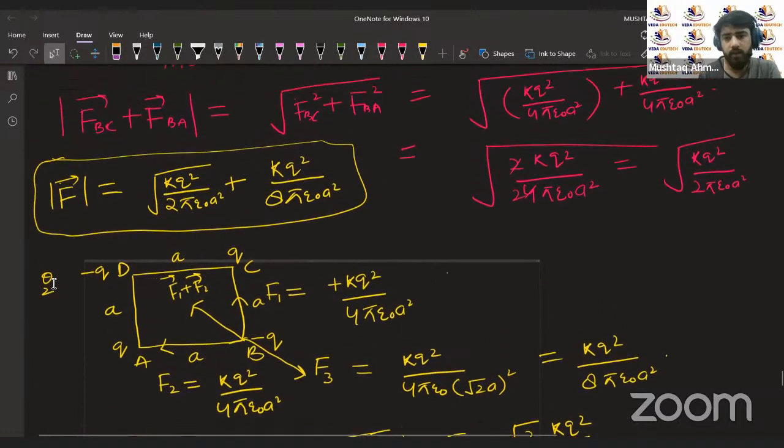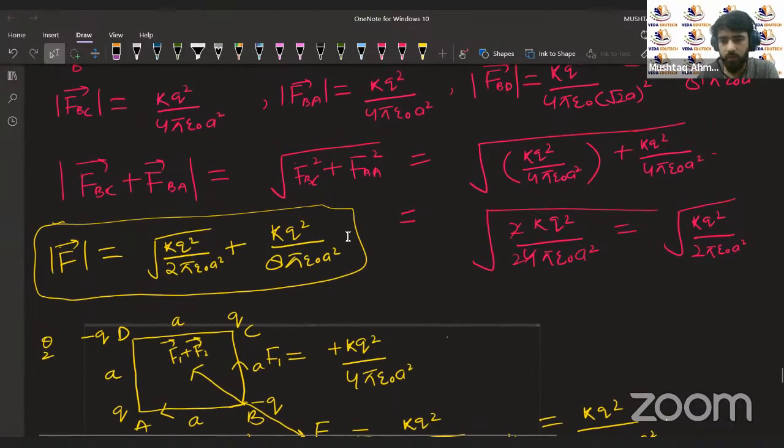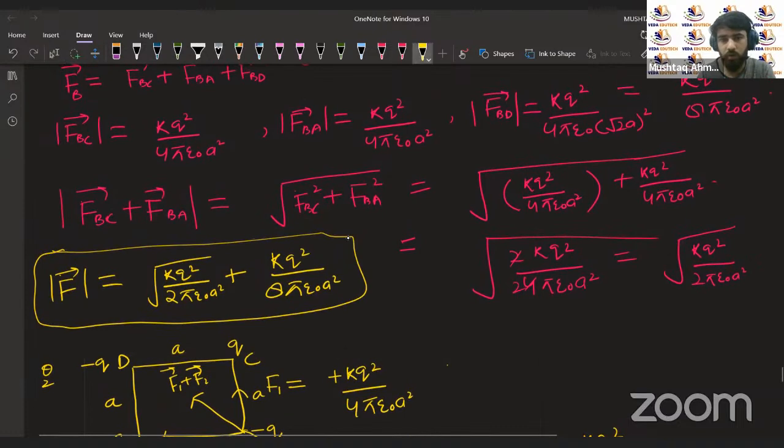So there is a slight correction in the previous solution. It was whole square there; it's just square here and here also.